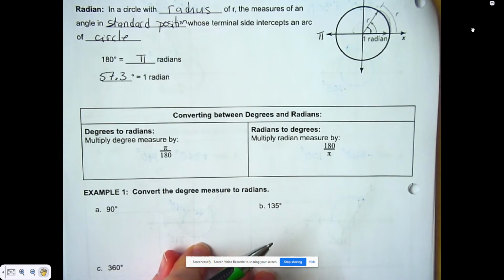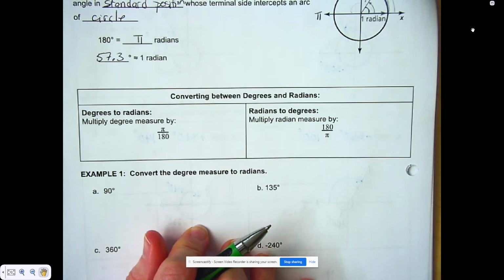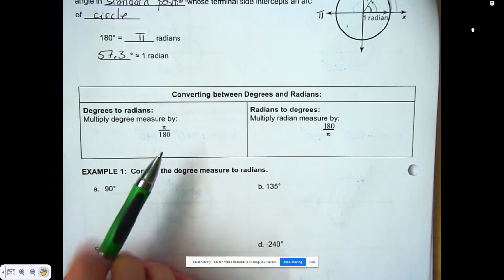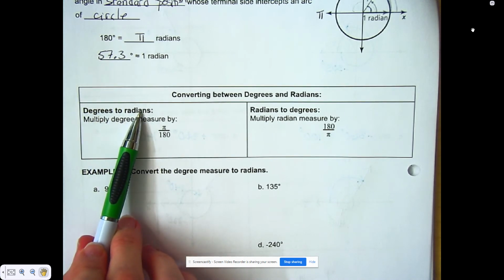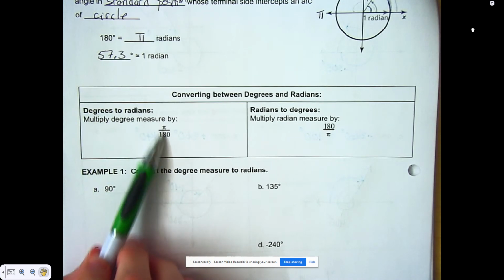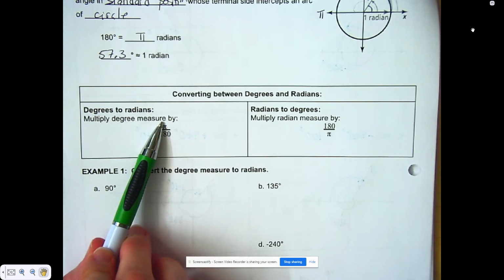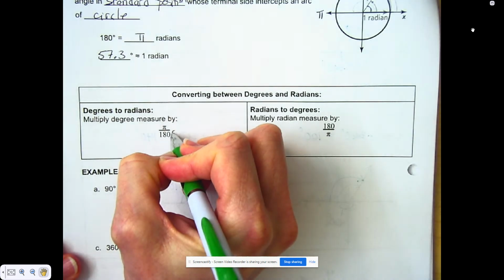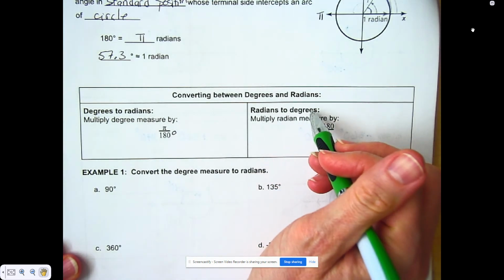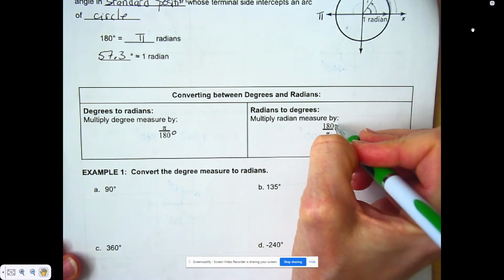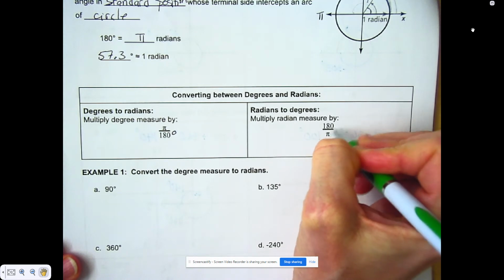Now, there's a way to convert back and forth between degrees and radians, and that's what we're going to look at now. If you're given degrees and you want the angle measured in radians, you multiply by this ratio, pi over 180 degrees. If you have a radian measure and you'd like to find out what it is in degrees, you multiply by this fraction, 180 degrees over pi.